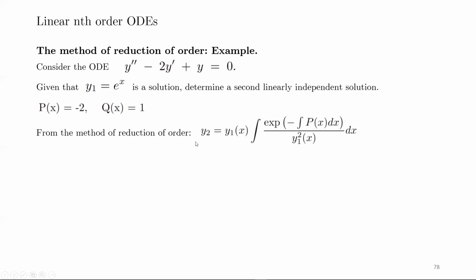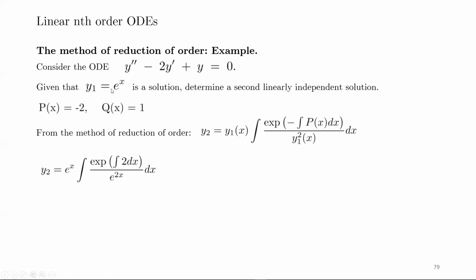From the method of reduction of order, we know that we can find a second solution from the first by solving this equation here. So y1 is equal to e to the x, p of x is equal to -2, so our equation becomes e to the x multiplied by the integral of the exponential of negative of -2, so we just get the positive exponential of 2, the exponential of the integral of 2 dx, divided by y1 squared.